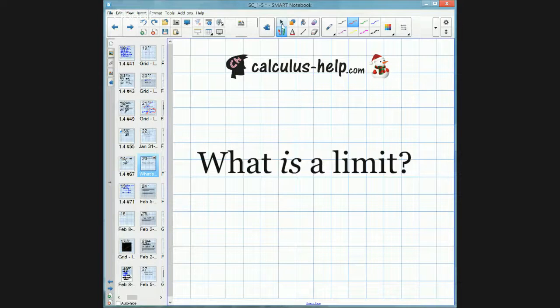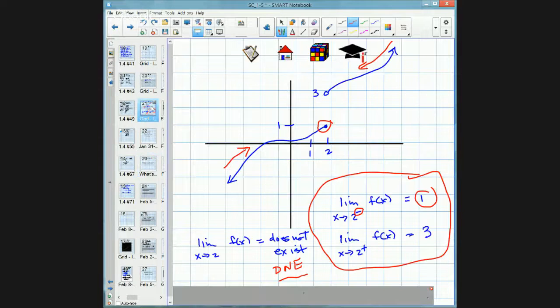Okay, Maki, I don't know what your question is. Limit DNE, and function is what? Okay, let me try to clarify. The function in this particular example is this blue curve that's in 2 pieces. That's f of x.